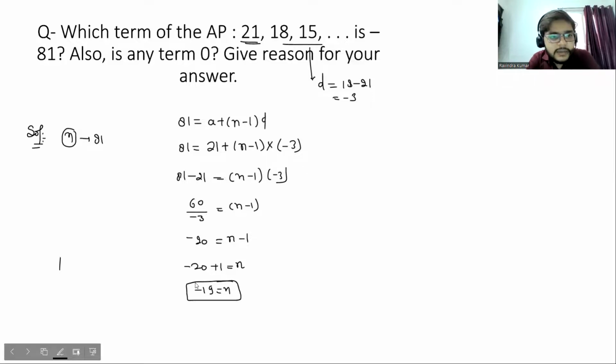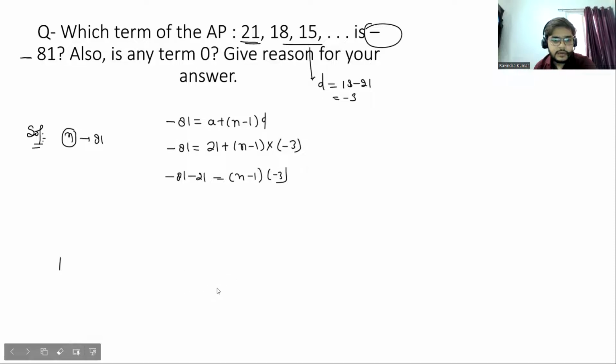So did we make a mistake anywhere? Okay, so this is minus 81, not 81. It is minus 81. The minus is there. So if it is minus, the solution changes a little bit.